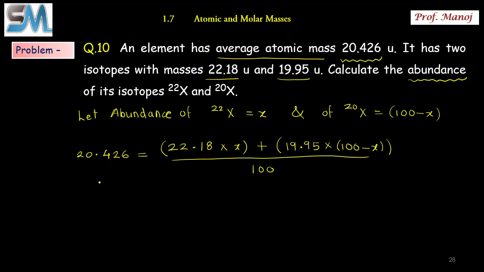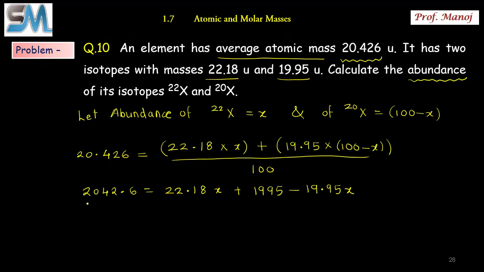If I multiply this ahead, I will get 2042.6 equal to 22.18x plus, opening the bracket, the first number will be 1995 minus 19.95x.